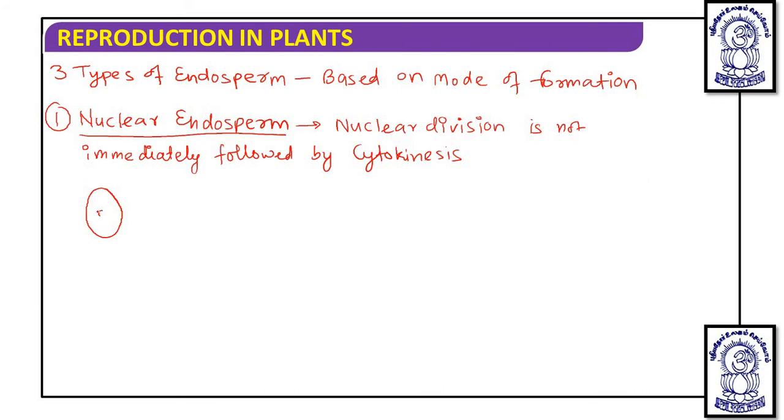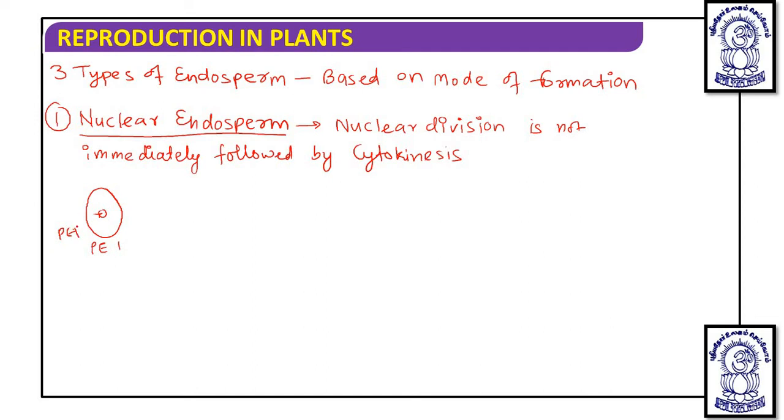So what happens here? Suppose this is a primary endosperm cell, a central cell, and this is the primary endosperm nucleus. Okay, so first we correct it.